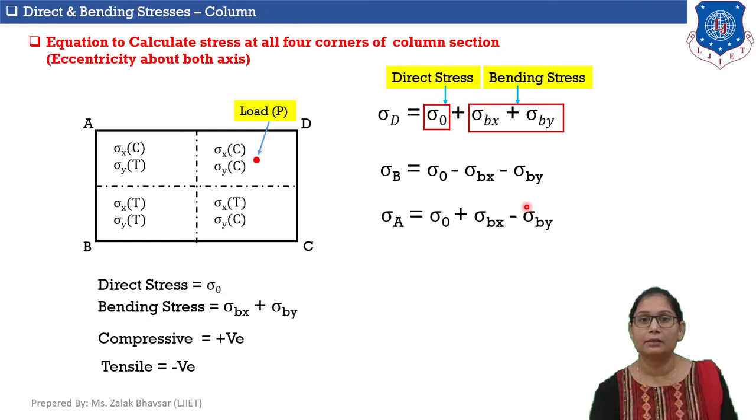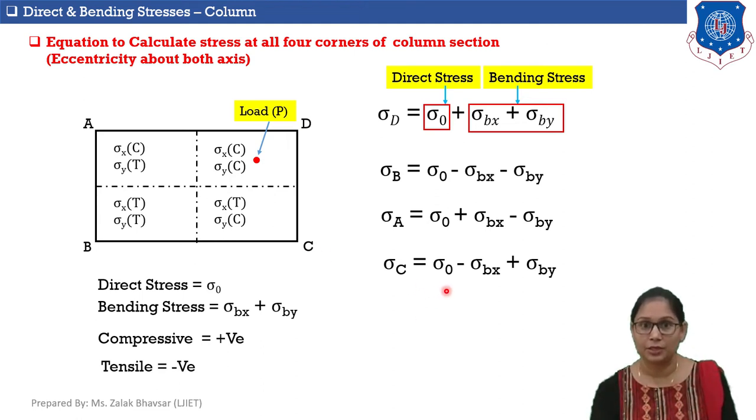Here is the final equation to calculate stress at corner A, which is sigma 0 plus sigma bx, because in the x direction compressive bending stresses will be developed, minus sigma by, because along the y direction tensile bending stresses will be developed. Now let's move to the last corner, that is corner C.